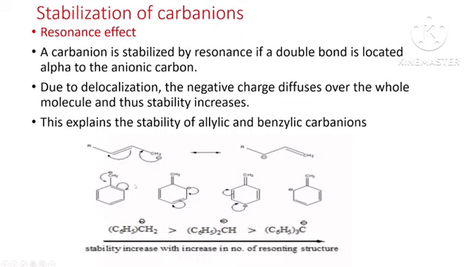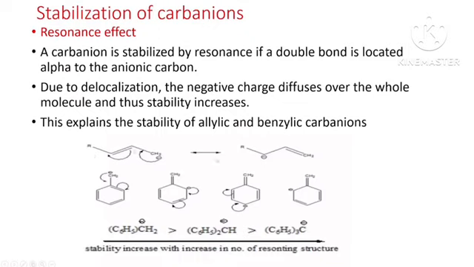Now, in terms of resonance effect, the more resonance structures a particular molecule has, the more stable that molecule becomes. So you could see that the benzylic carbanions can be more stabilized in terms of resonance than the allylic ones, because the benzylic carbanions can have several resonating structures as compared to the allylic ones.